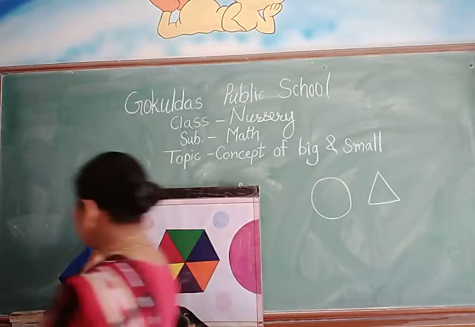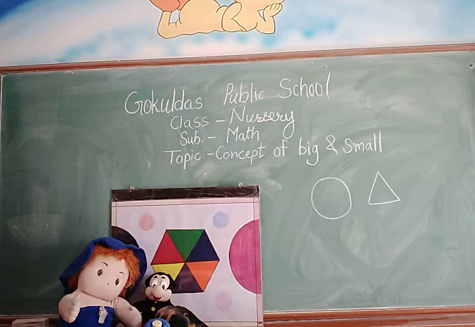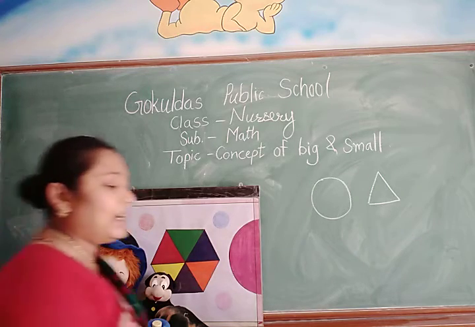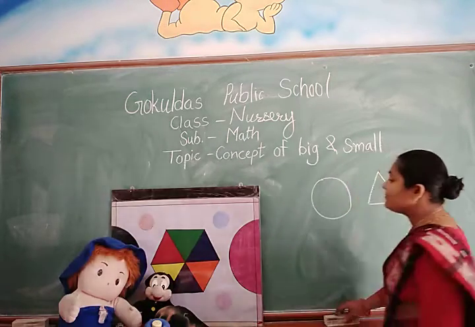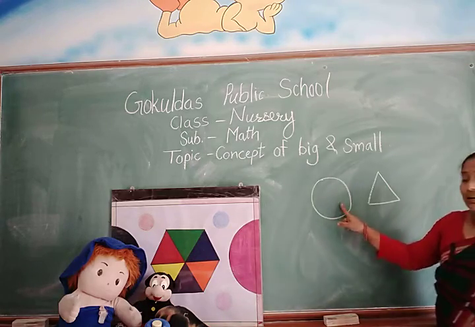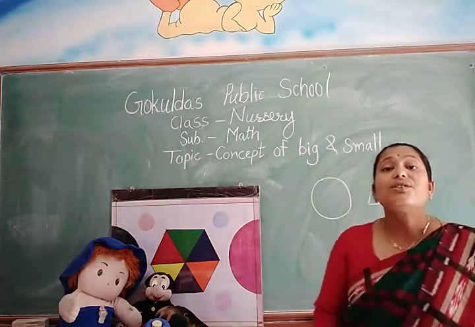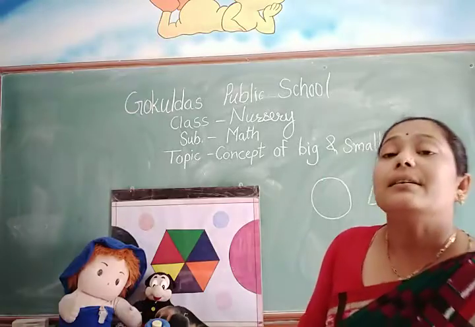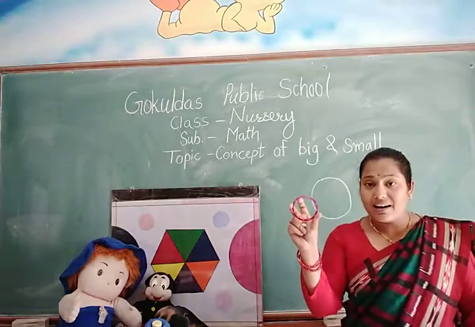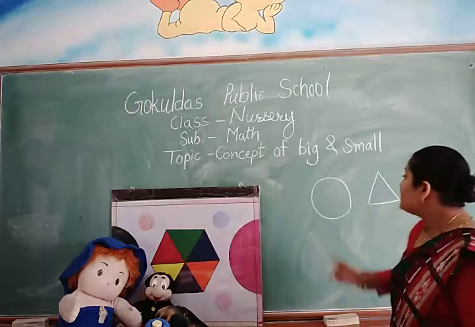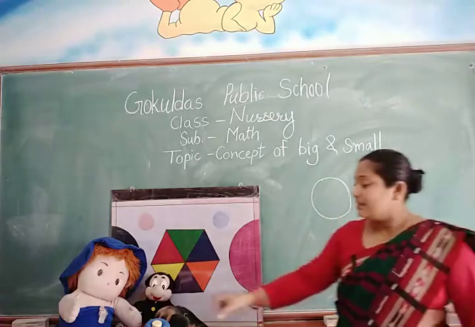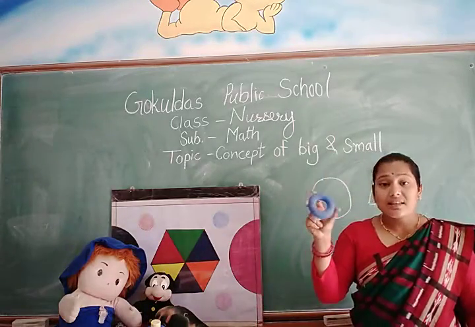Dear kids, repeat again and again. Once again, circle. Which shape is this? Circle. Yes, this shape is circle.